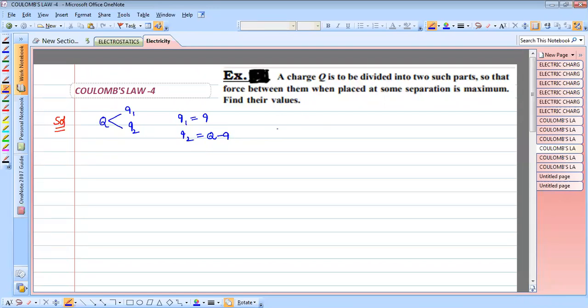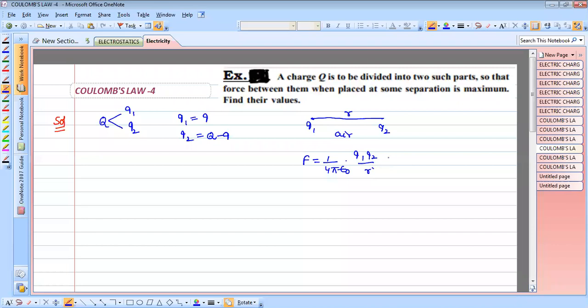If we place Q1 here and Q2 here at a certain separation R, and assume that these are in air or vacuum, the force equals 1 by 4 pi epsilon naught Q1 Q2 by R square.